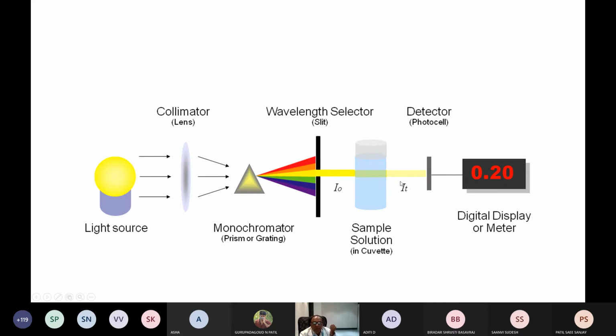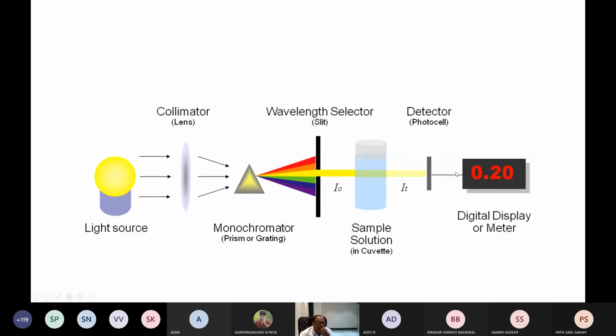Here it is directly proportional, and this one is inversely proportional. Once the transmitted light comes out of the cuvette, it is detected and measured on the digital display meter.